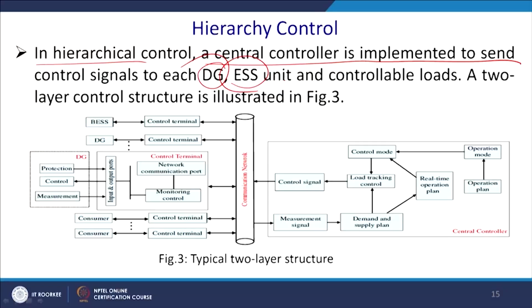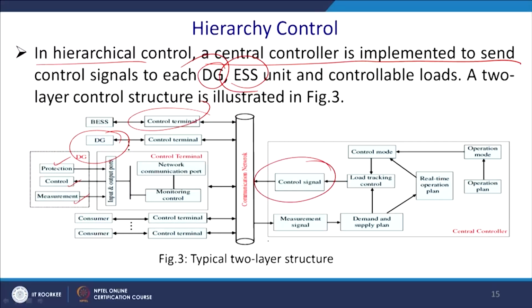The two layer structure is illustrated, that is BSS control element, DG control terminal. Now, you have distributed generations, protection control measurement, inputs and outputs. Now, control terminal, network communication port, monitoring control, thereafter you have the consumers. Now, you have a control signal.